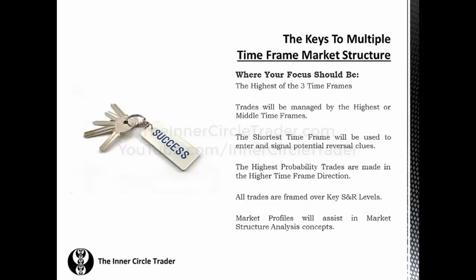Now, there are going to be instances where the higher time frame premise may be bullish, but you're approaching a key resistance level, so that may be trumped. So that's where we go back to the core essentials of technical analysis, that being support and resistance trumps everything.